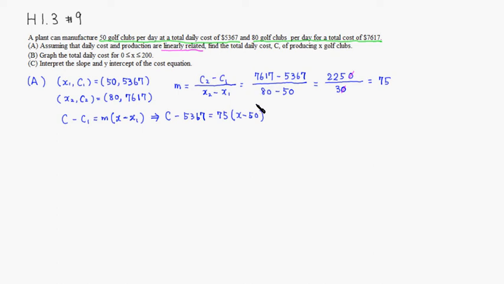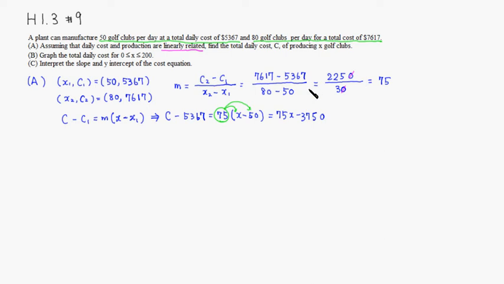If you want, we can just multiply this out. Distribute 75 to x and 50, and we get 75x minus 75 times 50, which is 3,750.